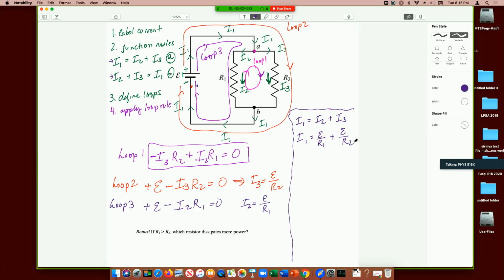So for I1, I could pull the voltage of the battery out: 1 over R1 plus 1 over R2. And I know that this is just equal to V. So what is this beginning to look like?